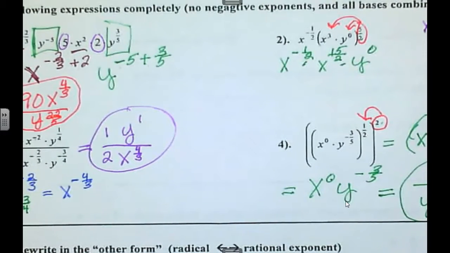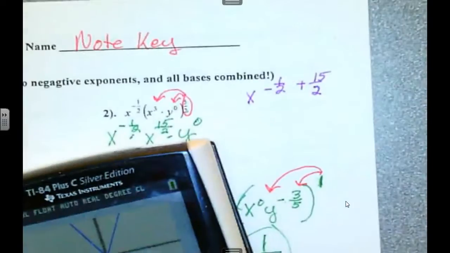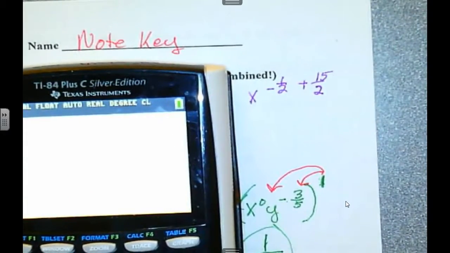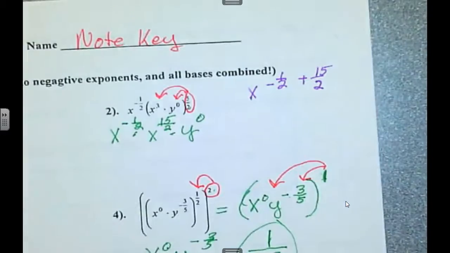You should get 14/2, which is 7. Negative 1/2 plus 15/2. Put it in your calculator. Let's see. Negative 1/2 plus 15/2. 7. X to the 7.